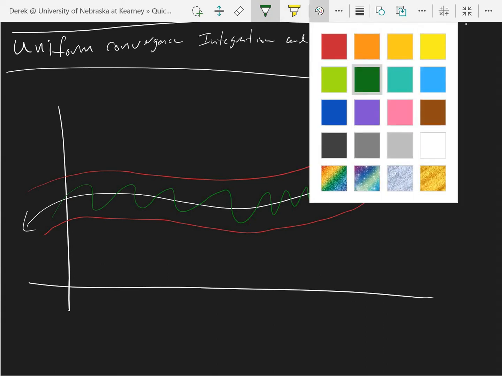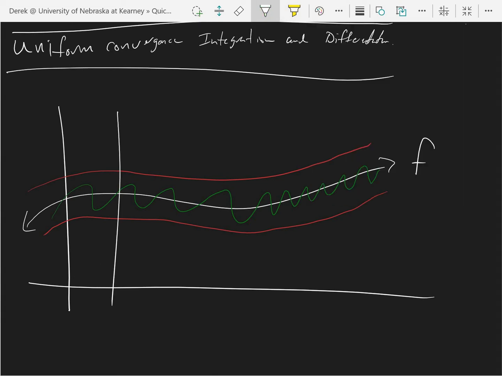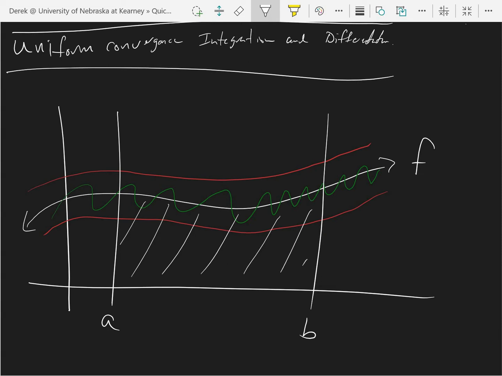because the area under the white curve, let's go from say a to b, is this, right? And so b minus a times 2 epsilon would be how much is in the red band.